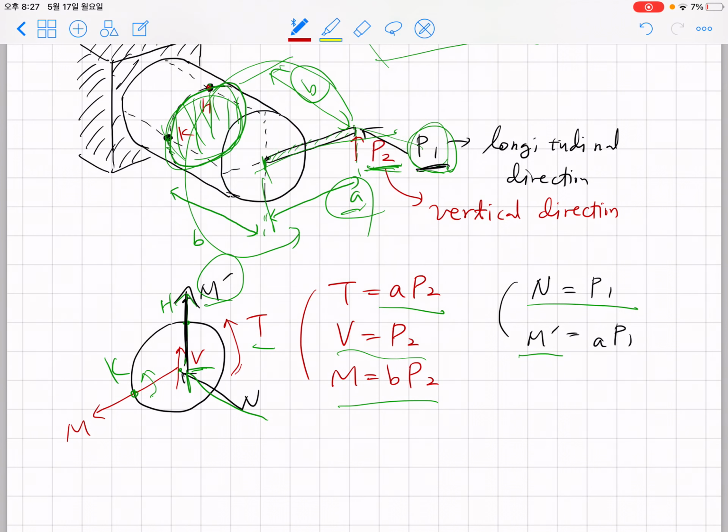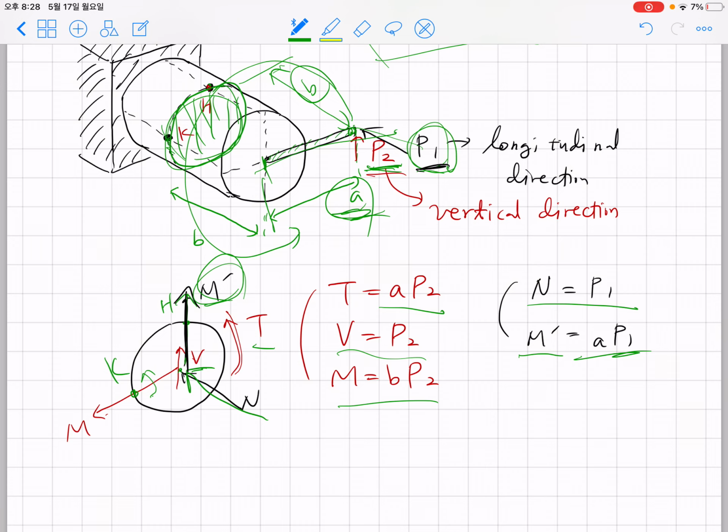So the size of M prime is A times P1. By applying P1 and P2 at the tip of this rod attached to the end of the cylindrical bar, we have the reactions N, T, V, M, and M prime. This combines all the reactions you can think about.